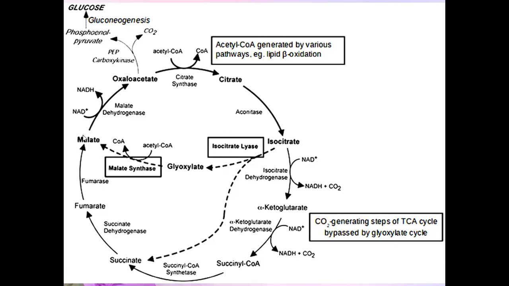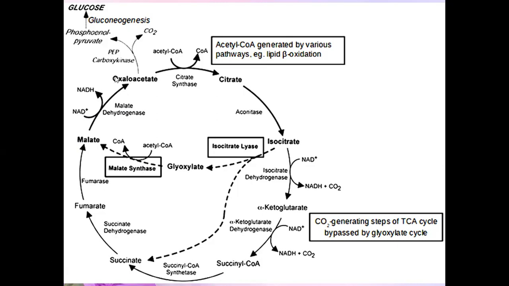Malate is formed. The malate is converted into four carbon atoms of oxaloacetate in the presence of malate dehydrogenase. In this reaction, one NAD plus is converted into NADH, along with four carbon atoms of oxaloacetate.